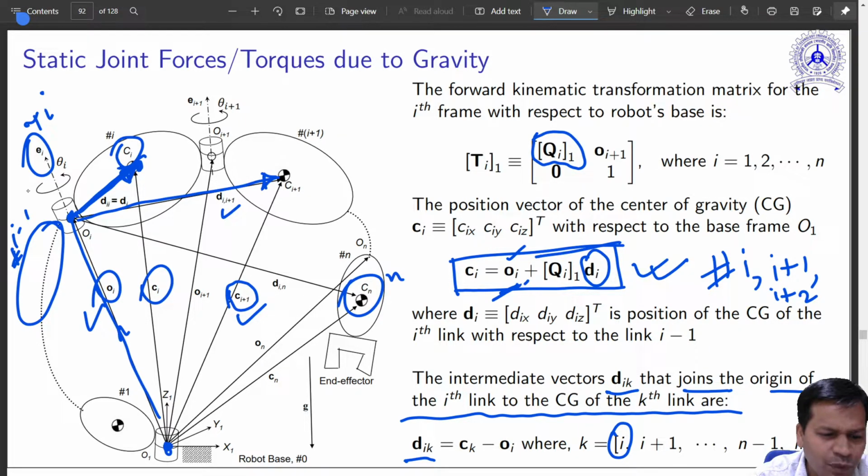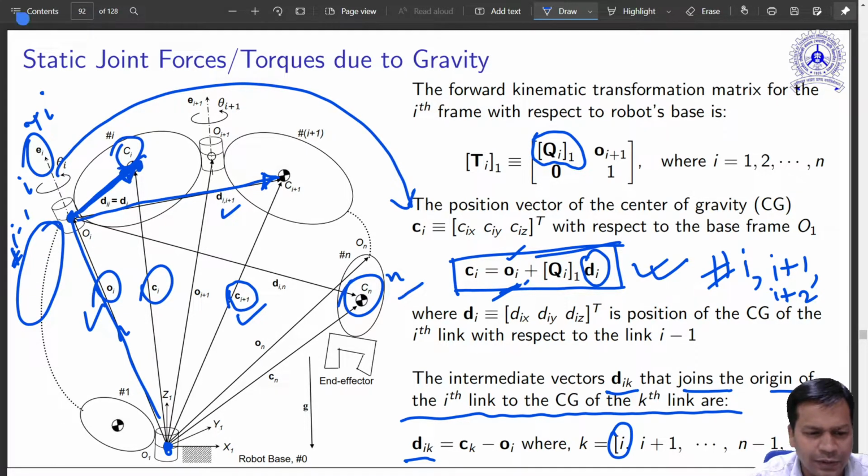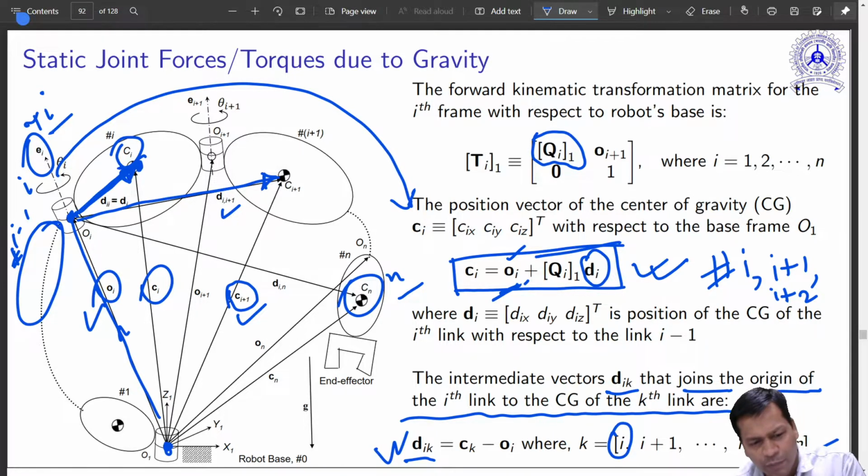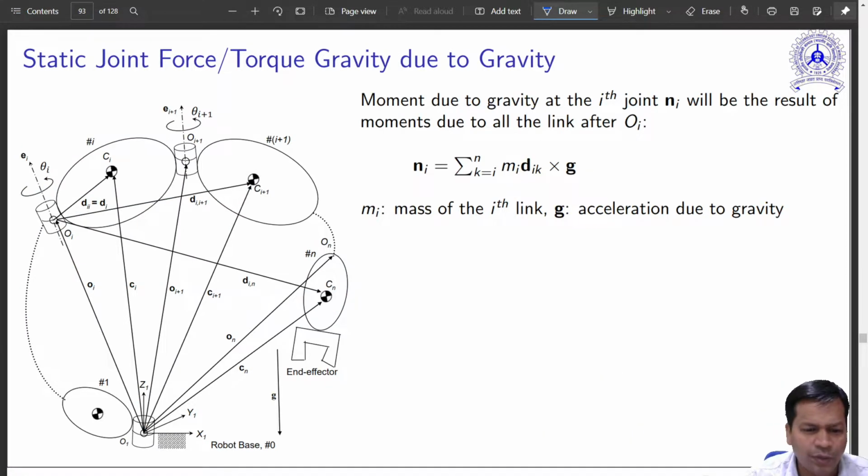So it starts from i and goes forward till the nth link. All the links that come after this joint, only those count. That is done iteratively from the inward to the outward side. Got it? Now I have all those distances. This one is known, this is known, all are known.